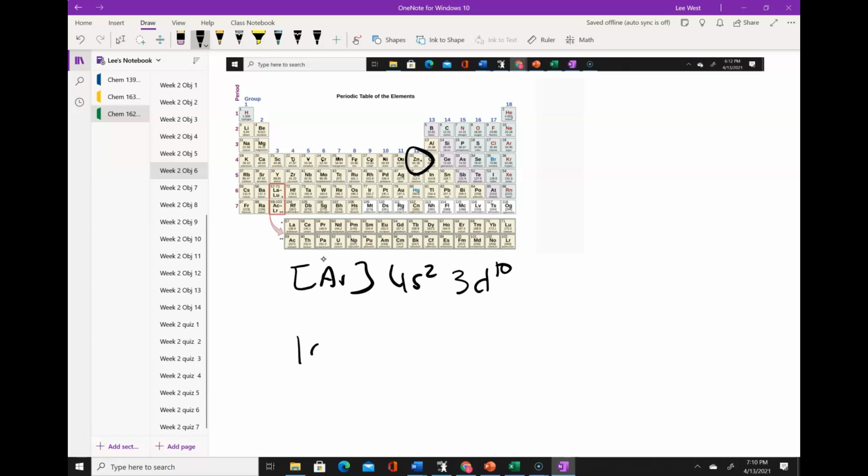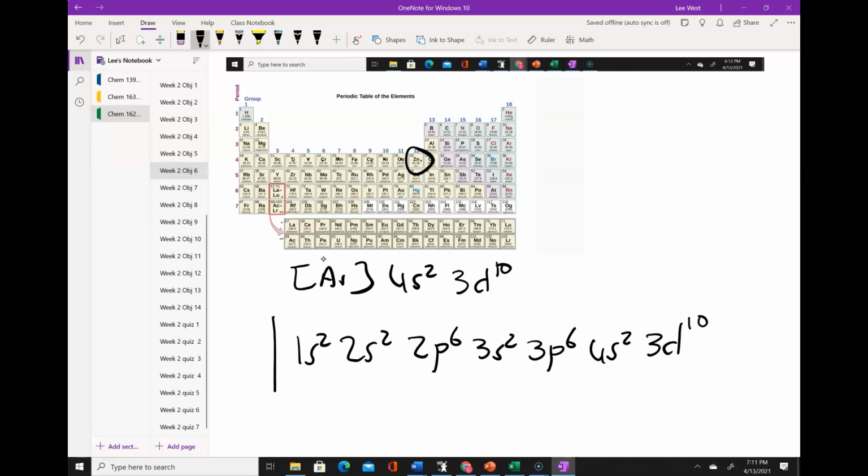So to helium goes 1s2, to beryllium 2s2, to neon 2p6, to magnesium 3s2, to argon 3p6, to calcium 4s2, and then we go across here and then 3d10.